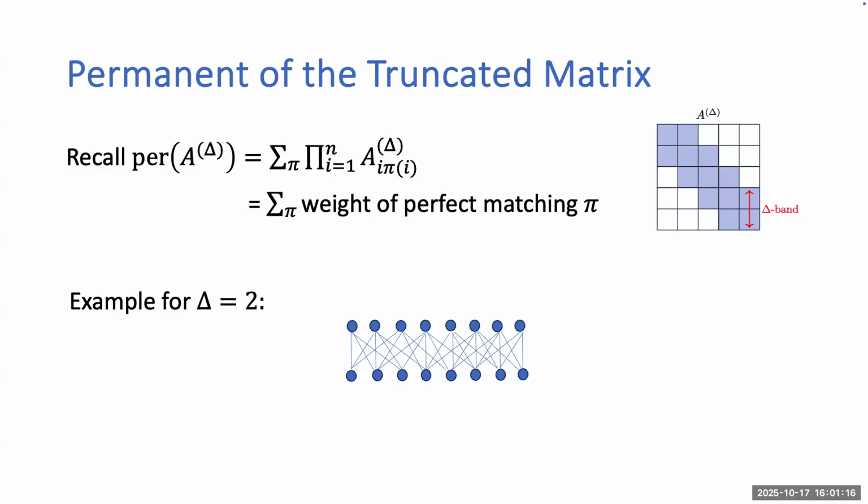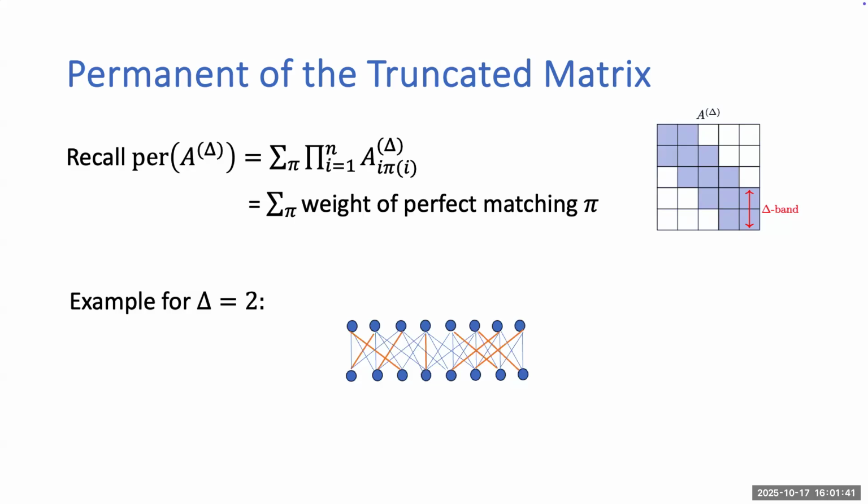I can create a bipartite graph where one side is the rows and one side is the columns, and there is an edge if the corresponding entry i, j is non-zero, and the weight of the edge is what's written there. When I look at a matching and the product of its weights, that's one term in the permanent.